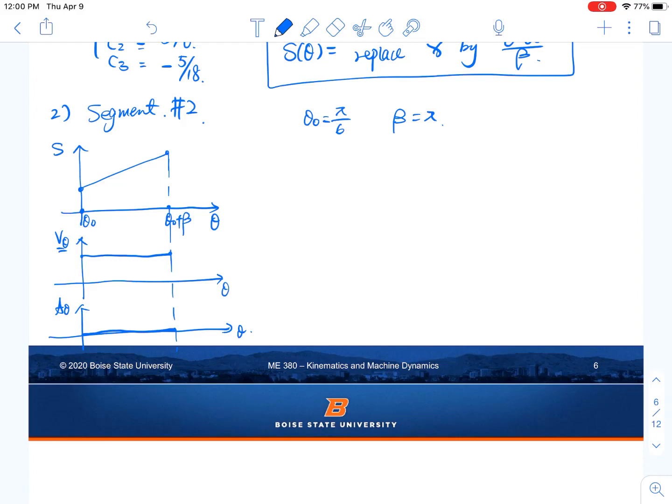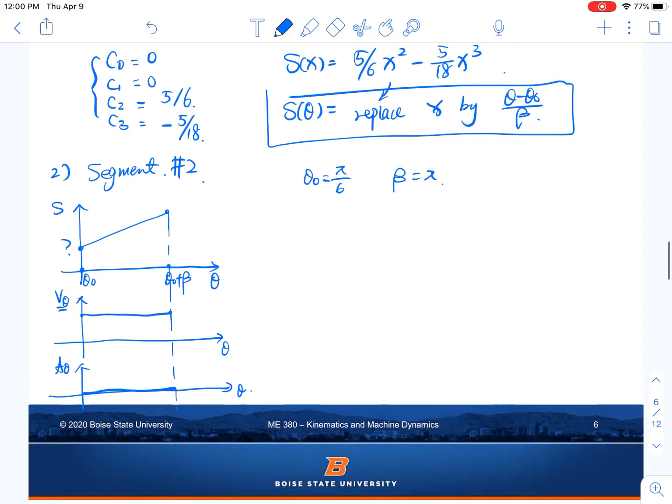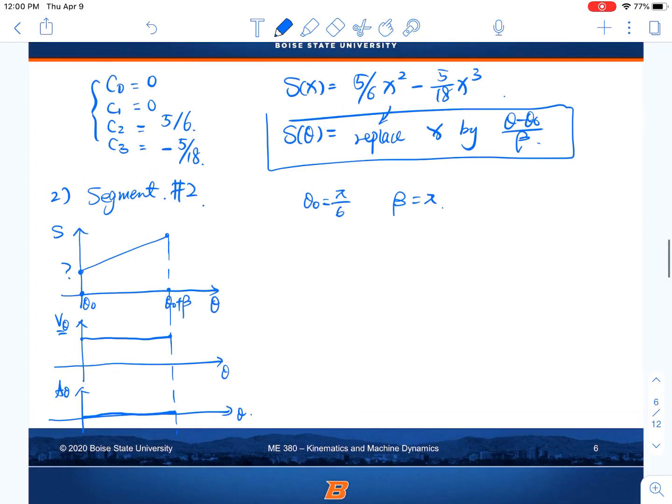Okay, but as I said before, we don't know the starting point. But after designing your segment number 1, we are able to get these boundary conditions, right? So that's from your segment number 1. Let's name segment number 1 as S1 theta. That means this question mark equals S1 theta when your theta equals 1/6 pi.